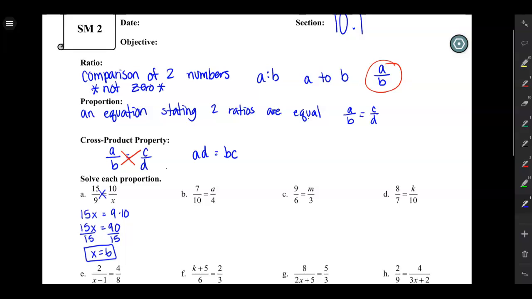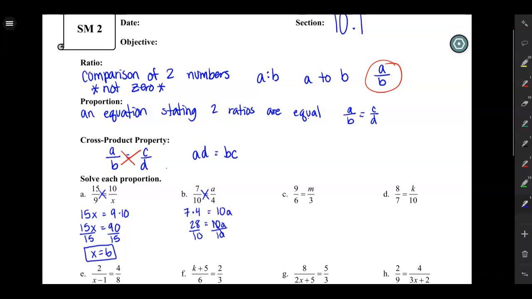Okay. So let me do one more example with you guys. In example B, we're doing the same thing. Our variable this time is on the top, but that doesn't make a difference. We're still going to set it up the same way. 7 times 4 is equal to 10 times A. So 28 is equal to 10A. We'll divide both sides by 10.